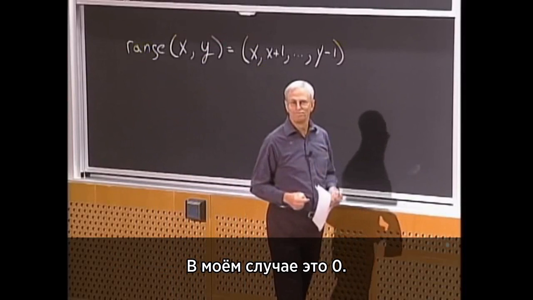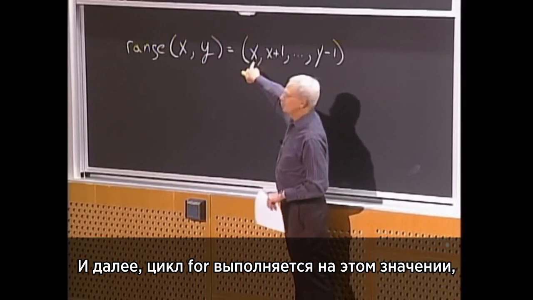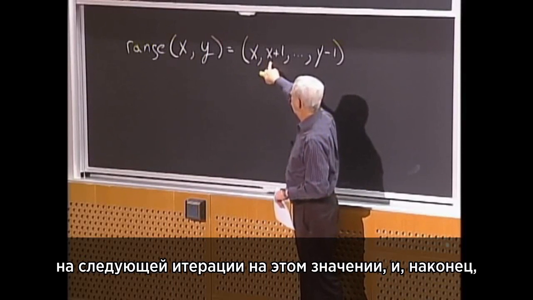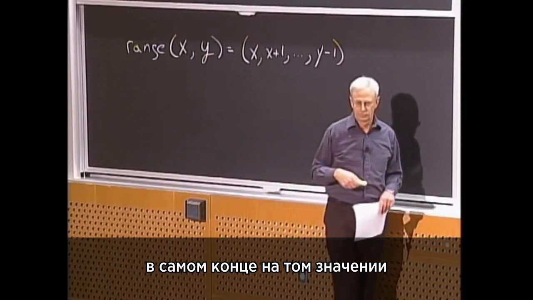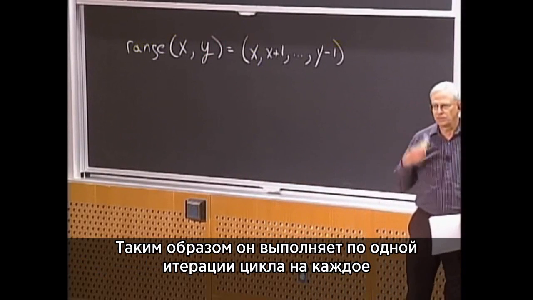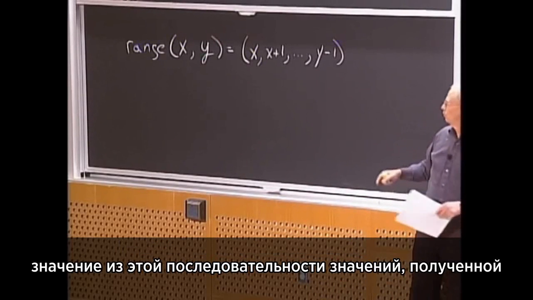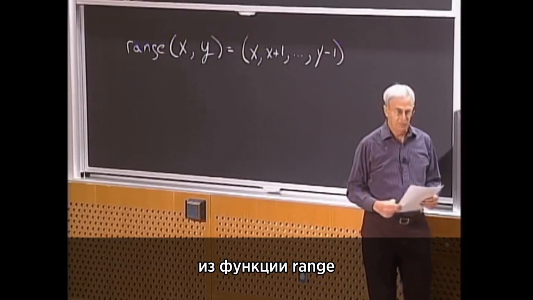In my example, the for loop executes on this value, then the next iteration on this value, and finally at the very end on that value. So it executes one iteration of the loop on each value in this sequence of values generated by the range statement.